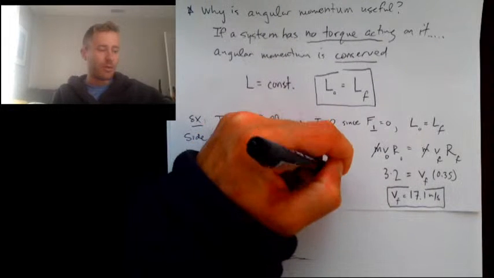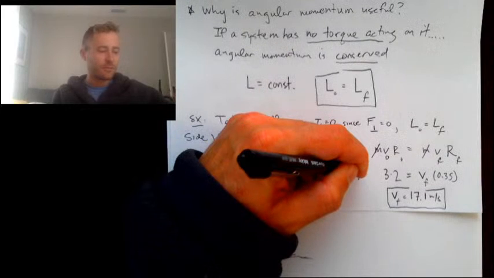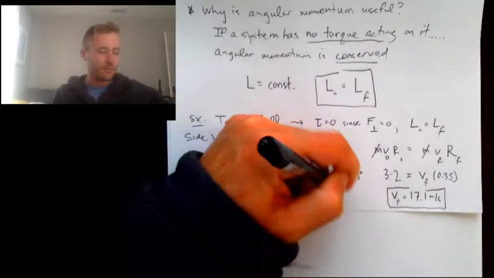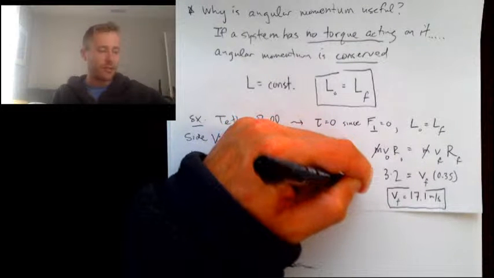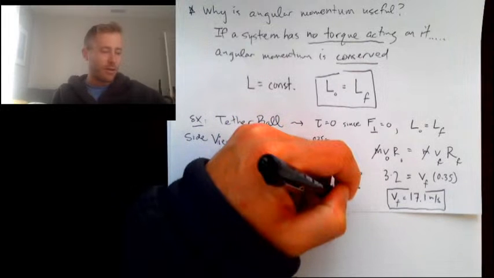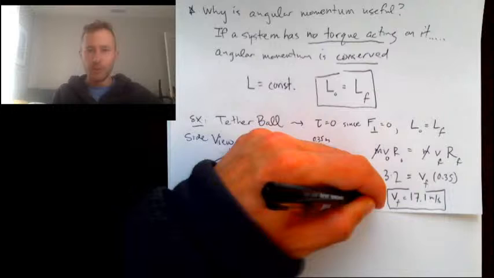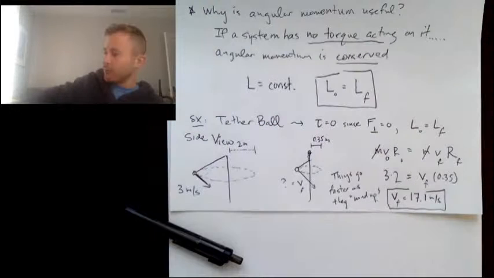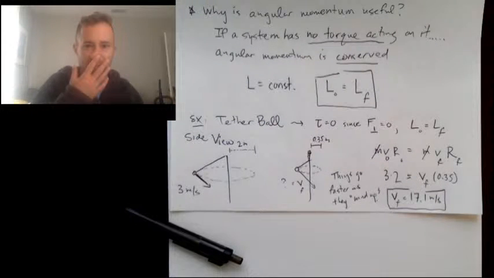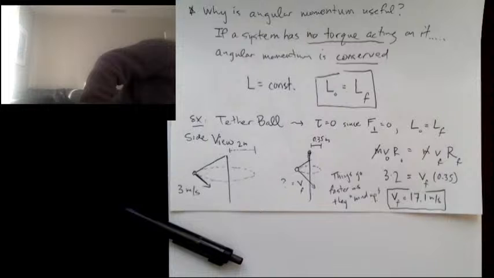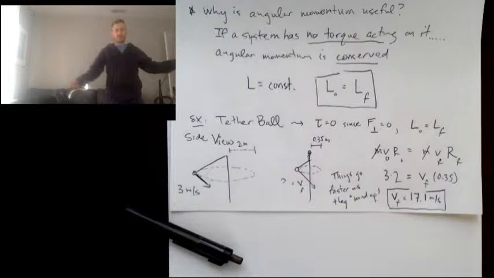So things go faster as they wind up. Okay, so you have probably noticed this before. So if I take this HDMI cable and I spin it around in a circle, and then all of a sudden I let it wind around my finger, it will actually.